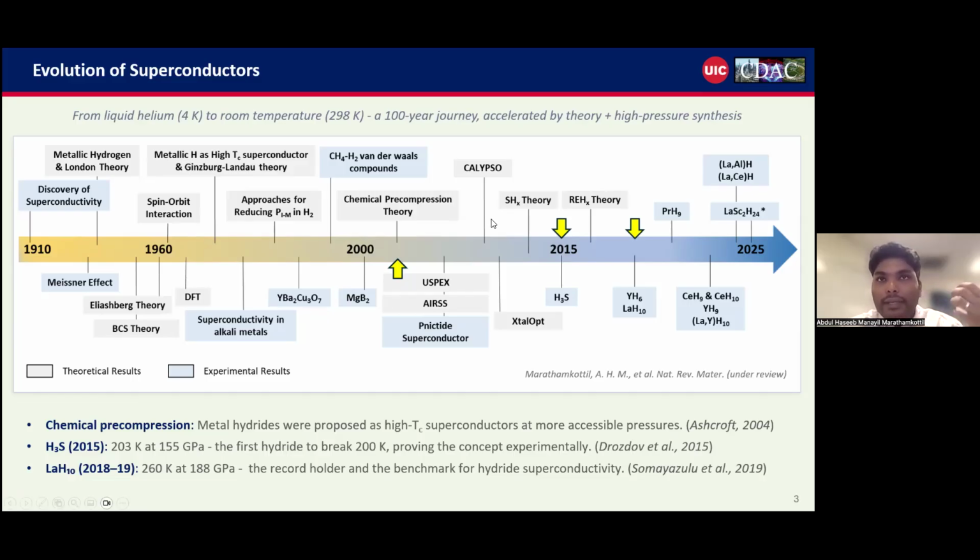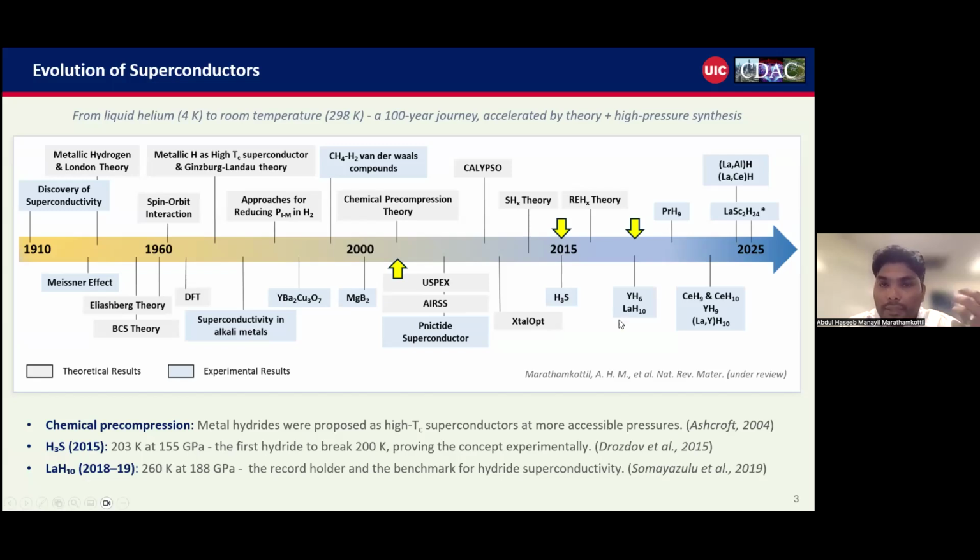On the theoretical side, crystal structure prediction algorithms like USPEX and CALYPSO allowed systematic screening of hydrogen-rich compounds before anyone synthesized them. Theory was now guiding experiment. The results followed quickly. In 2015, H3S reached 203 Kelvin at 155 GPa, the first hydride to break 200 Kelvin, and the first experimental proof of Ashcroft's vision as well.